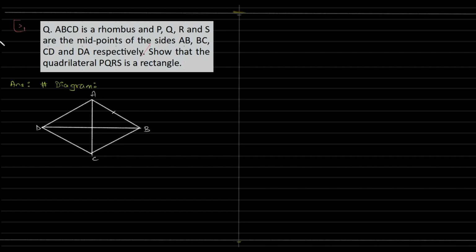These are the midpoints P, Q, R and S. Then we have to show that this is a rectangle. So this is your diagram. Please draw or write the given part.